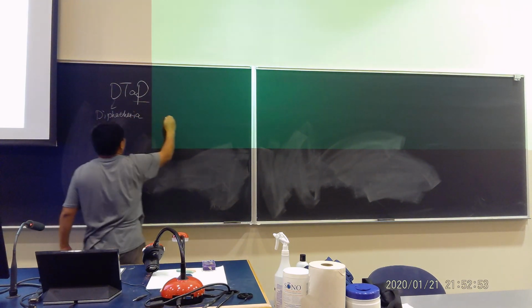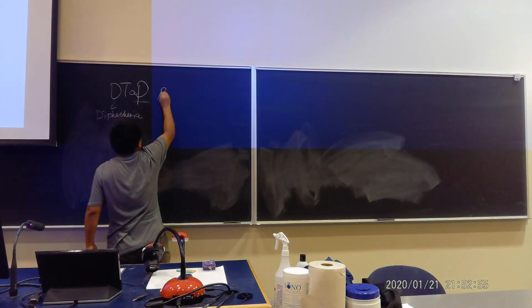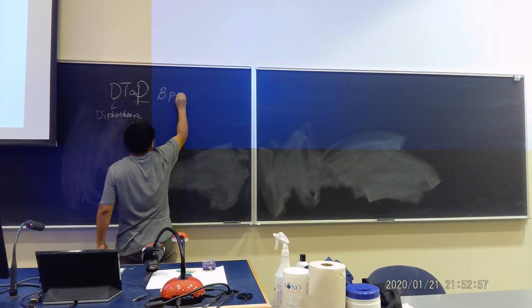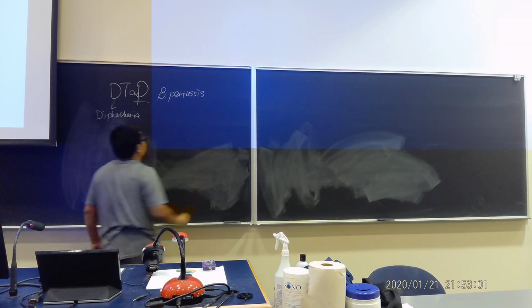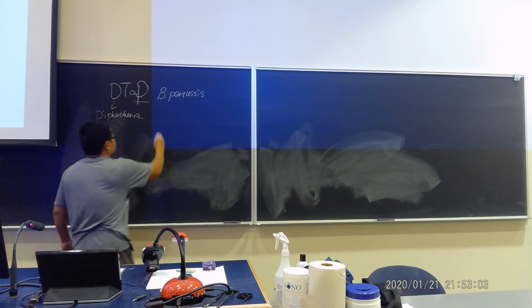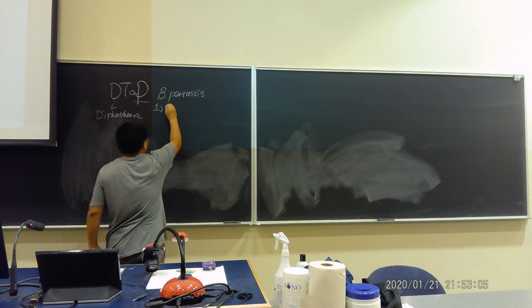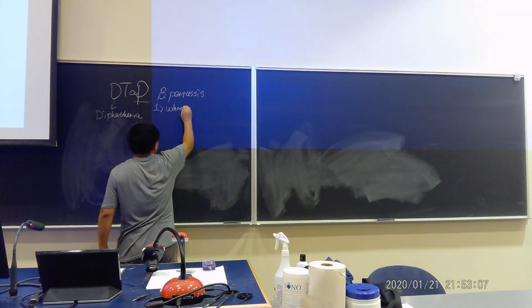And we mentioned what the P is: Bordetella pertussis. So we just briefly go over it. This pathogen causes whooping cough.